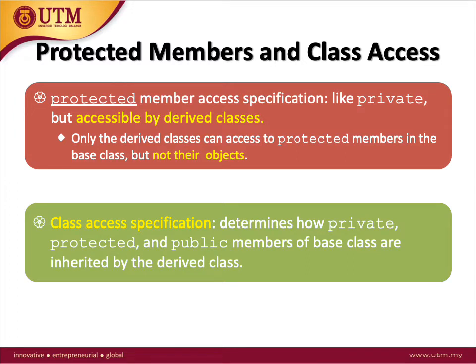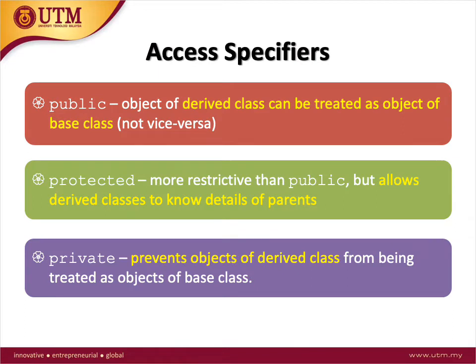For the class access specification, before this, you know the private and public. In this part is how you determine how the private, protected, and public members of the base class are inherited by the derived class. If you look at this, there are several access specifiers, which are public, protected, and private.